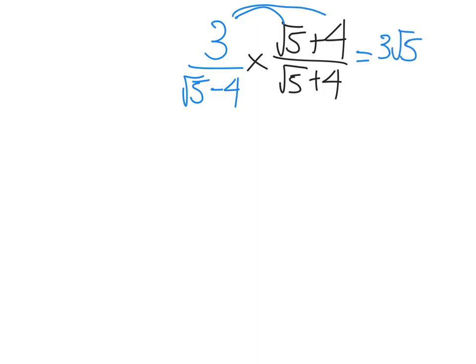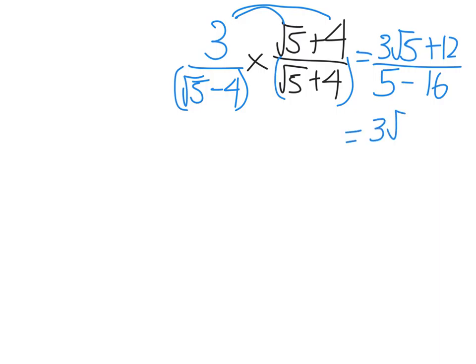Then I have to multiply the 3 by 4, and my top's done. On the bottom, because this is the difference of two squares, I just square the first, so root 5 squared is 5, and then I square the second term, which is 16, and a minus goes between them. So this becomes 3 root 5 plus 12 over minus 11. So the bottom number is now rationalized.